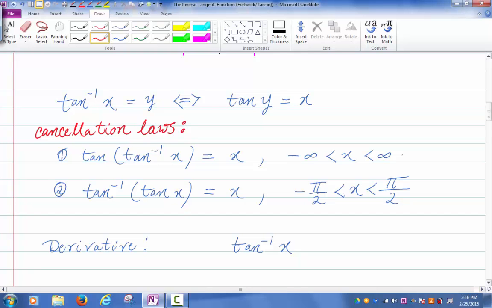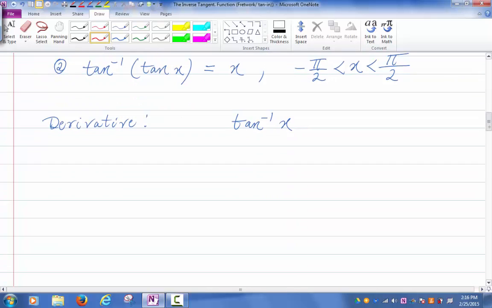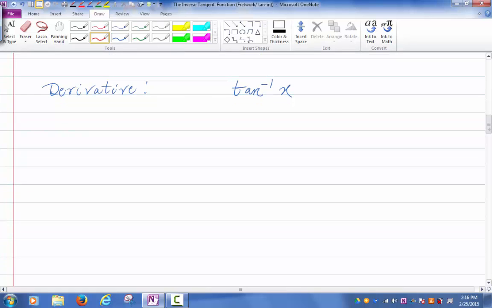Now, how do I find the derivative of tangent inverse? Remember what I said, anytime I have a pair of inverses, if I know the derivative of one of them, I can find the derivative of the other one by using implicit differentiation.